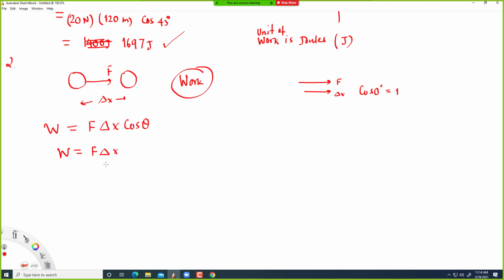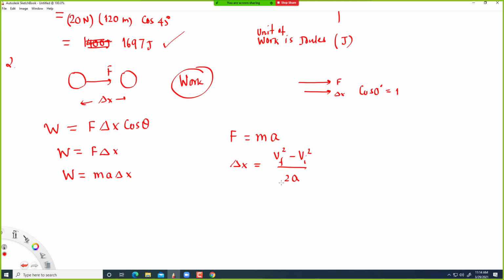We know from Newton's second law that force is mass times acceleration. So we can write W equals m a delta x. From kinematics, we know delta x equals v final squared minus v initial squared over 2a.